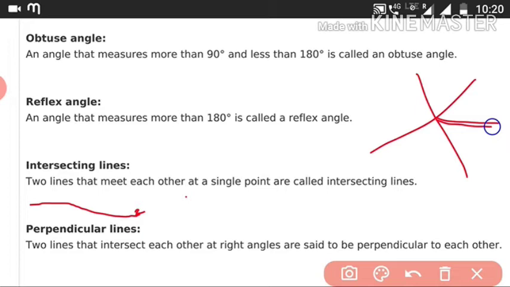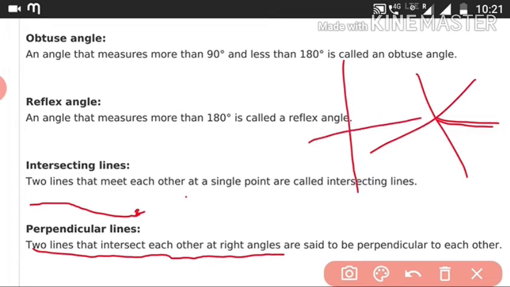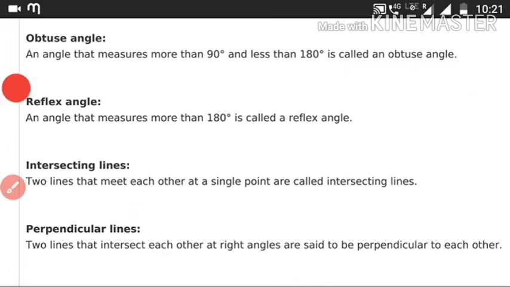Two lines that intersect each other at a right angle are said to be perpendicular to each other. Right angle means 90 degrees. Then it is called a perpendicular line.